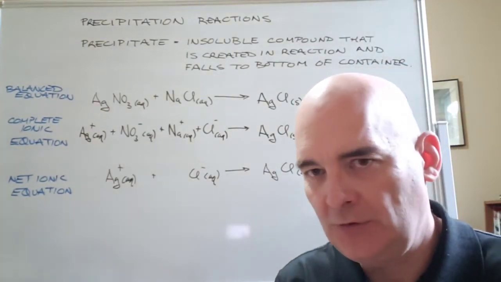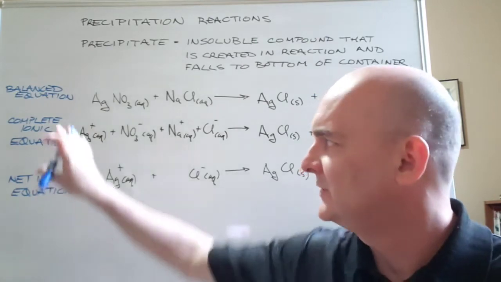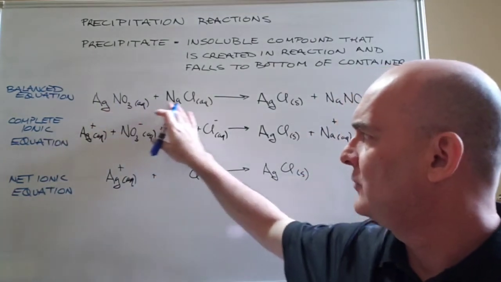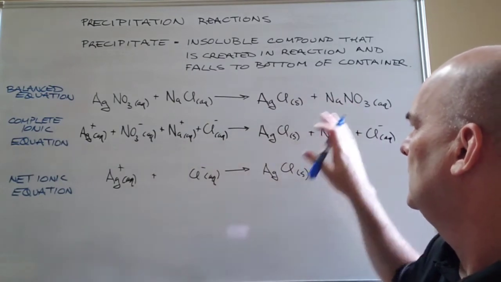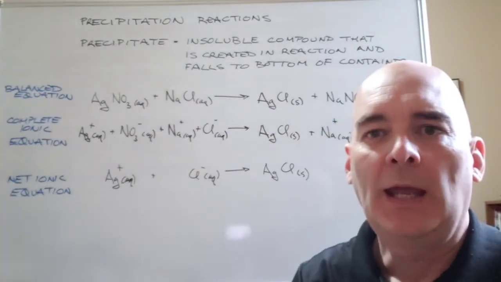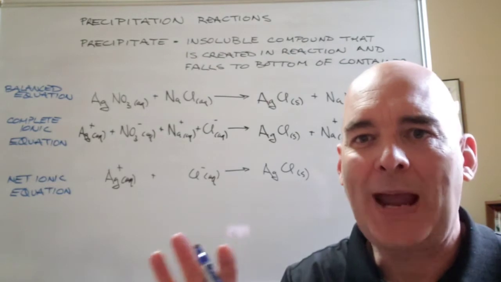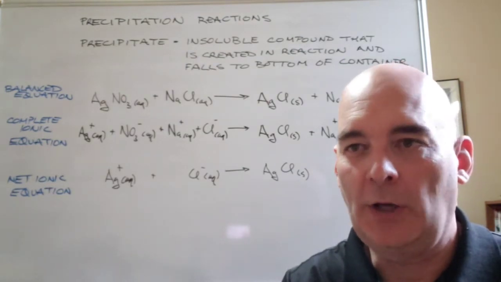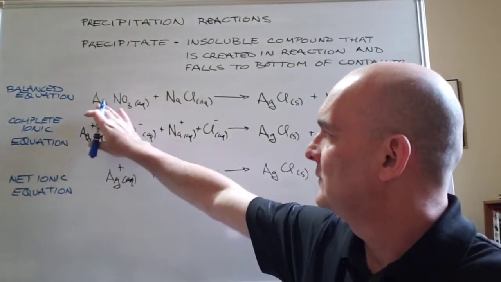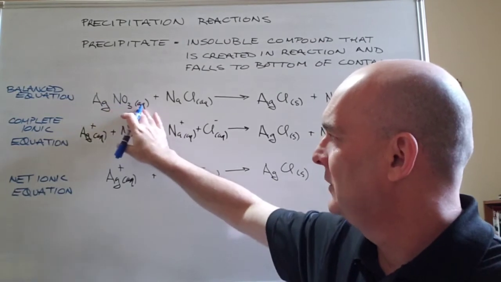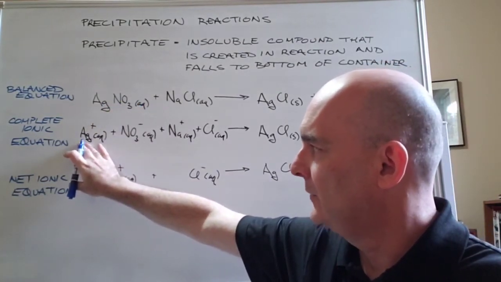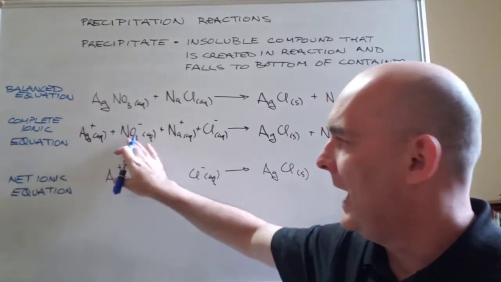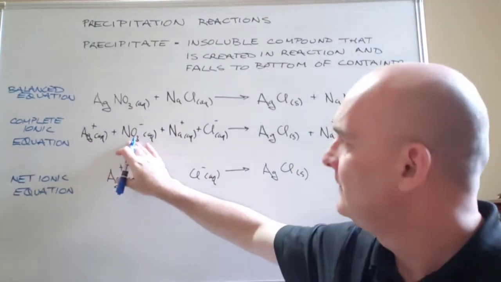So what I could do to my balanced equation of silver nitrate plus sodium chloride makes silver chloride plus sodium nitrate is expand that into an ionic equation. So silver nitrate in solution actually contains silver ions, cations, and nitrate anions.